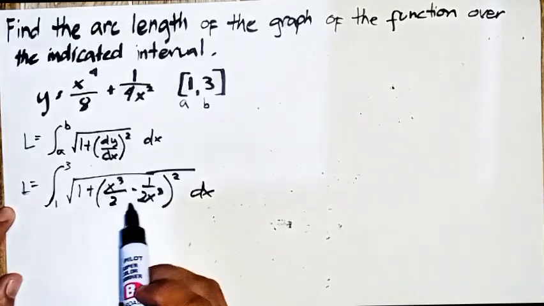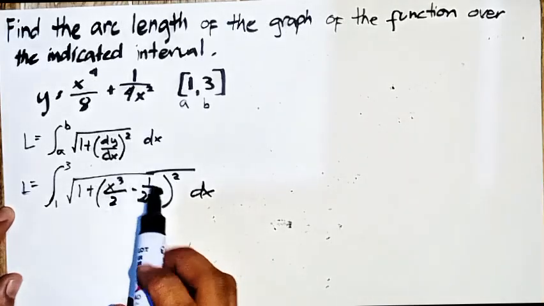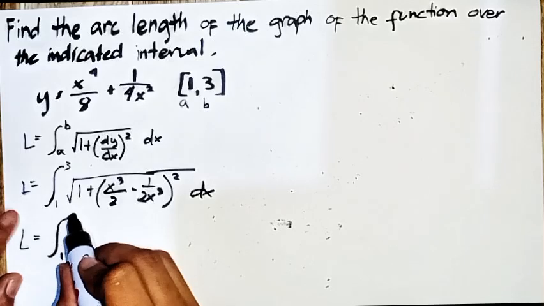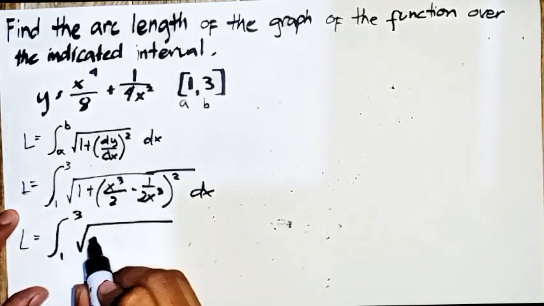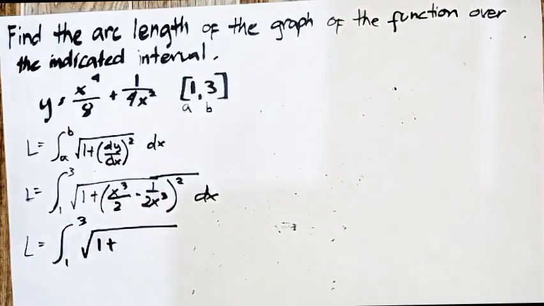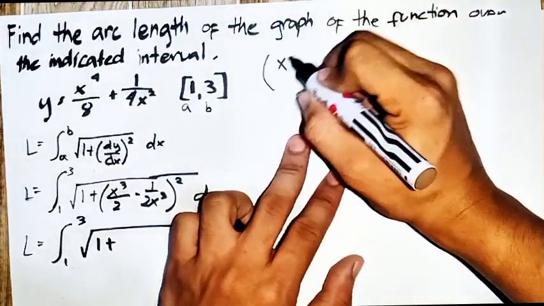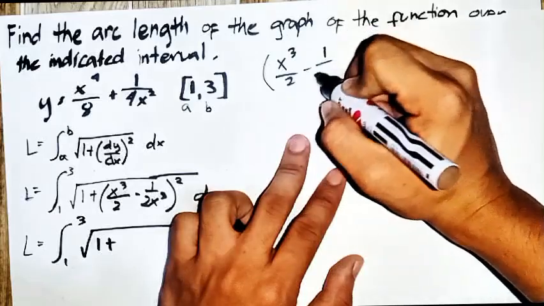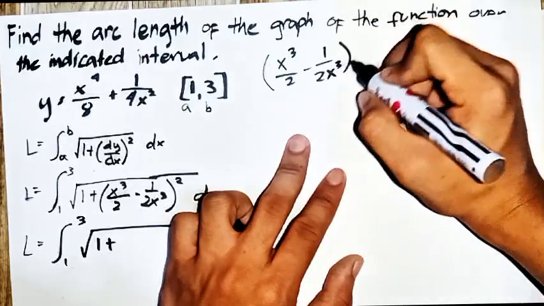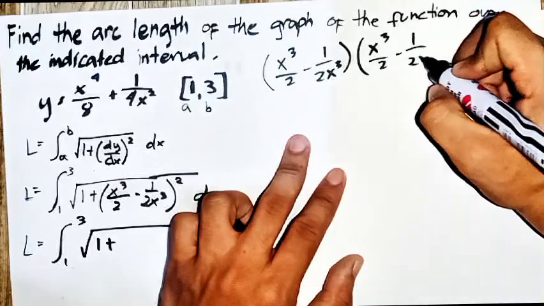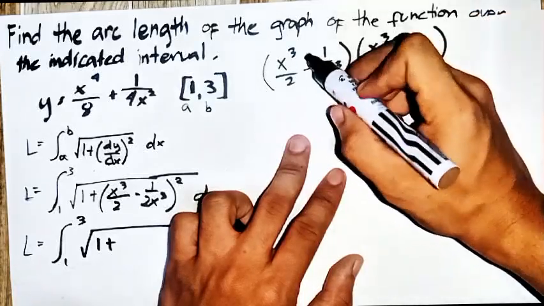Now, as you can see, we have the square of a binomial, which we need to expand. So L is equal to the integral from 1 to 3 of the square root of 1 plus, let's expand this one on the other sheet of paper: x cubed over 2 minus 1 over 2x cubed, times x cubed over 2 minus 1 over 2x cubed. Let's use the FOIL method.